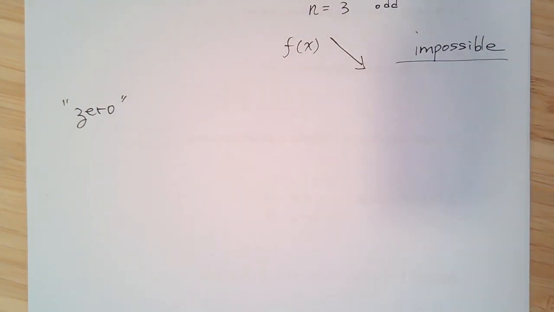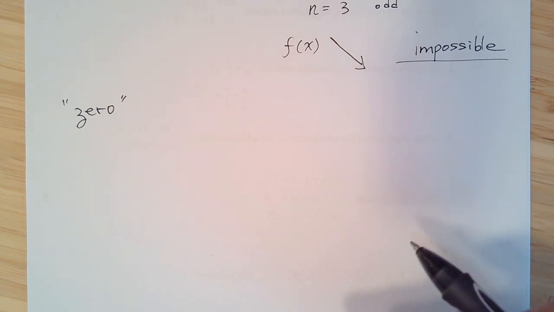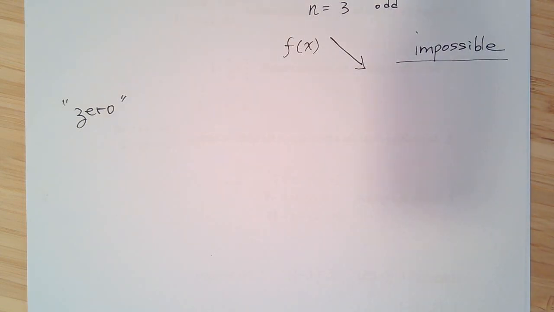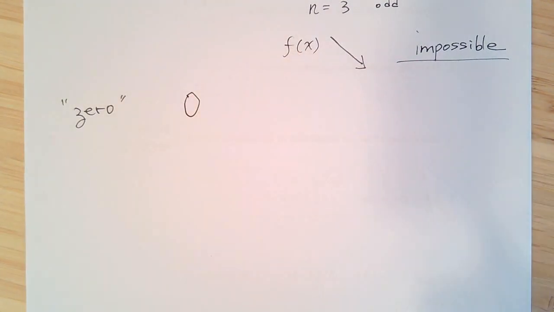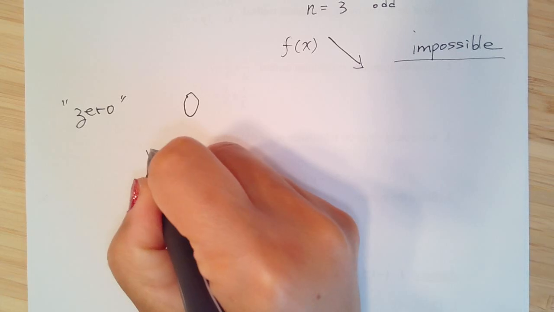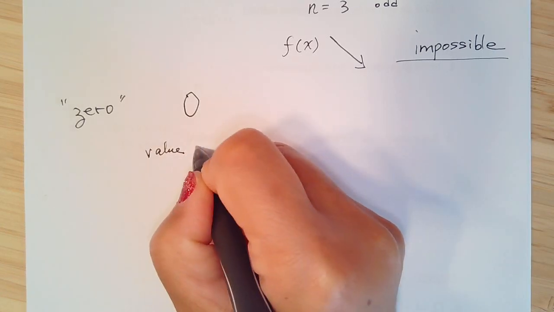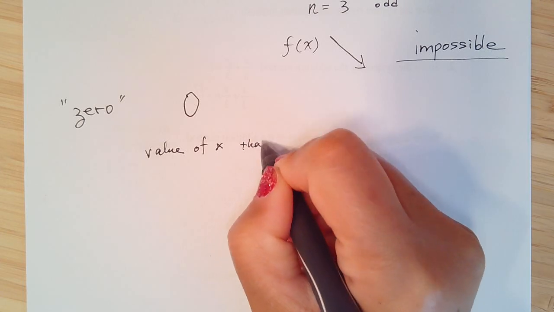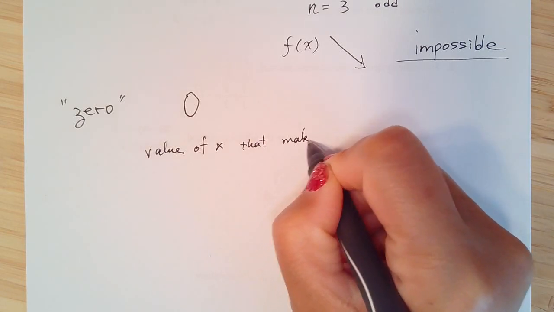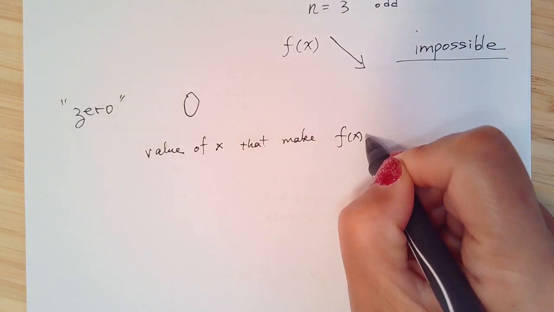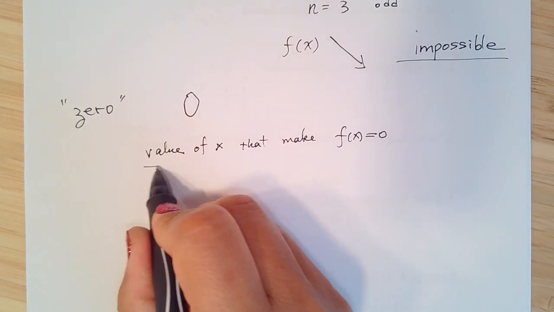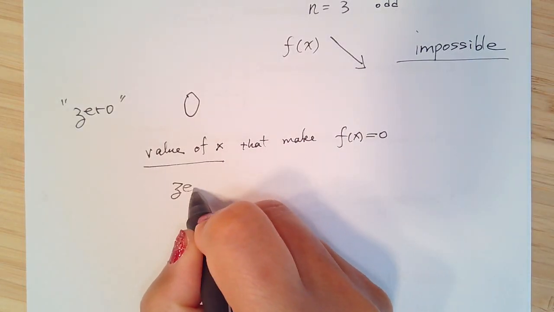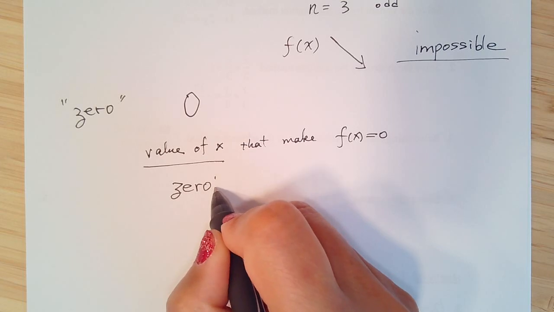You might say, hey, I know 0, but here this 0 is different than your 0. Okay, your 0 means this, right? Or nothing, or 0. But in this case, we call this a value of x that makes f of x equal 0, and that is called our 0 or zeros.